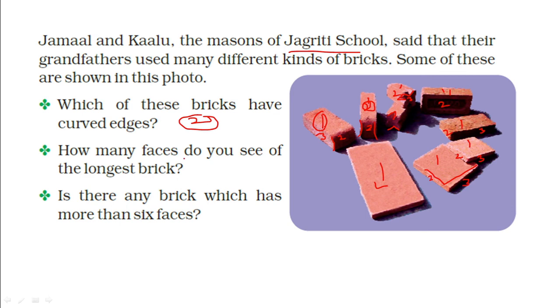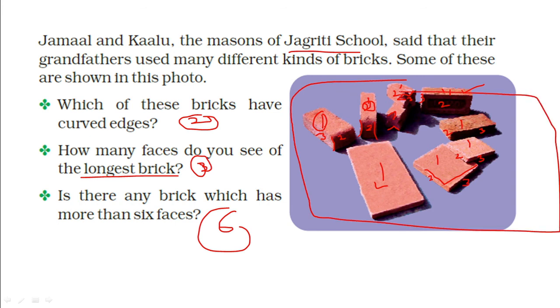How many faces do you see in the longest brick? So this can be the longest brick, and we can see only one, two, and some part of here. So we can see three. How many faces are there in a brick? We have six faces in a brick. So how many faces are showing here? No brick can show six faces here because one face is lying over the ground.